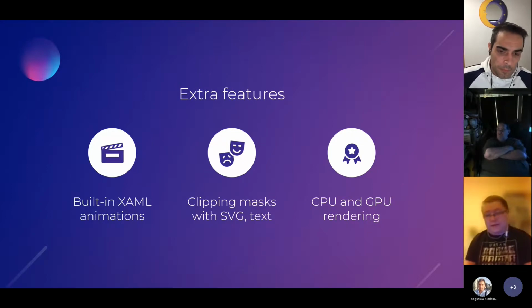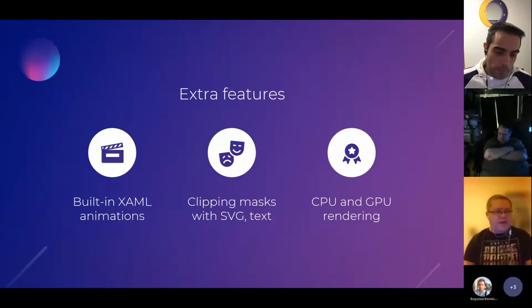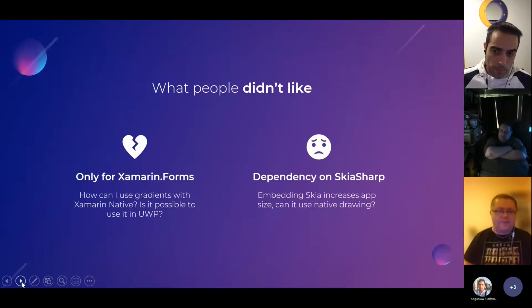We are just extending different controls, and we have OpenGL or DirectX acceleration on UWP, which makes the performance better, especially when we are drawing radial gradients on UWP. So the performance boost is very noticeable.